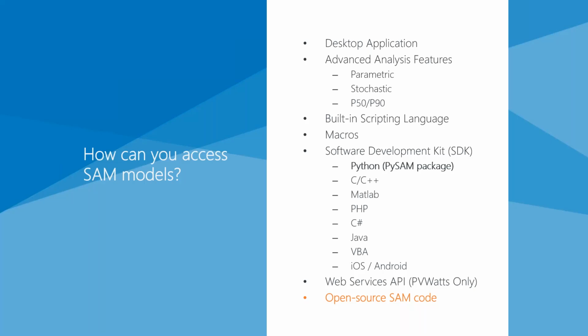There's a built-in scripting language to extend your analysis beyond what's within the models of SAM within the desktop tool, such as external macros that can extend your analysis further. The software development kit helps to bring the SAM code into your programming language of choice. The most popular one, of course, is our PySAM package to bring the SAM code into your Python notebooks or scripts. And as I mentioned, all of the SAM code is open source.